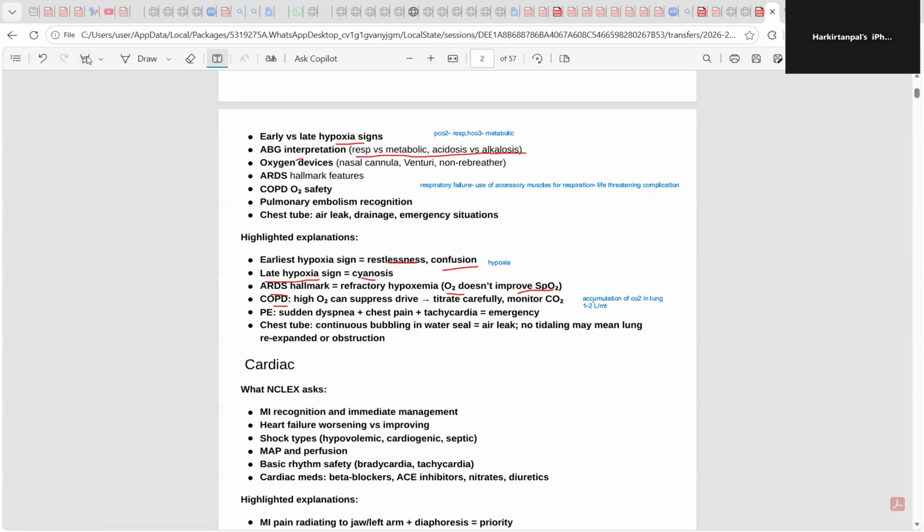For pulmonary embolism patients, how can we identify that a patient has developed pulmonary embolism? If the patient is having sudden dyspnea and chest pain, and this is very important. Sometimes in a bow tie model type question, for the complication, they will give respiratory conditions like asthma, COPD, or any other condition, and we can choose the complications.